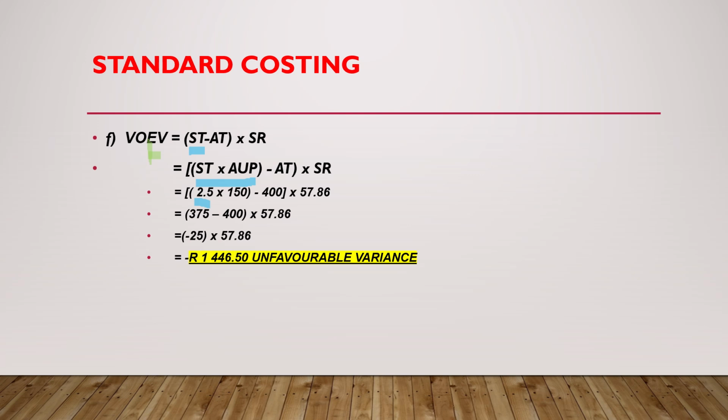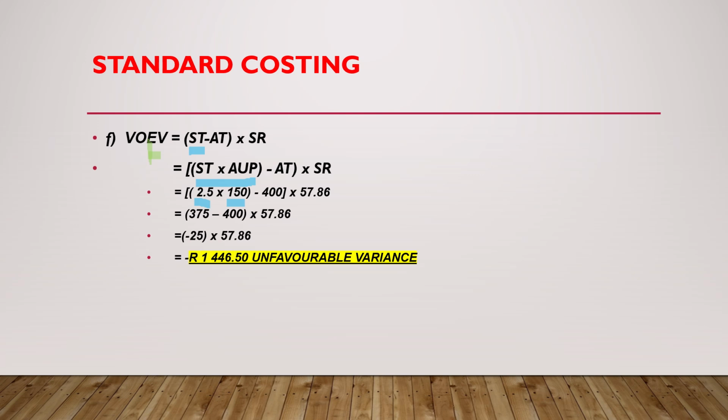Go to actual information or records. How many units were produced? 150 units were produced, minus actual time. How much time was spent to produce? 150 units were produced, 1,100 sugar, and 400 labor hours were clocked.